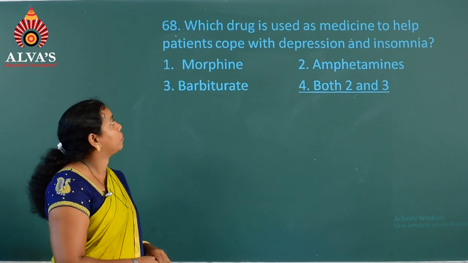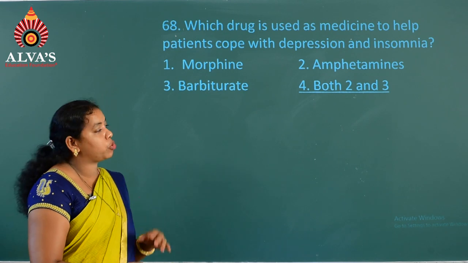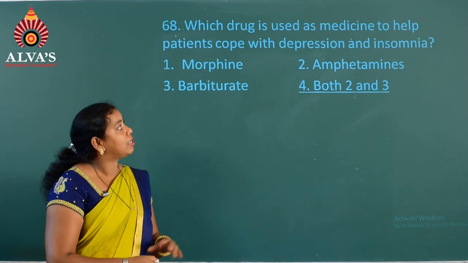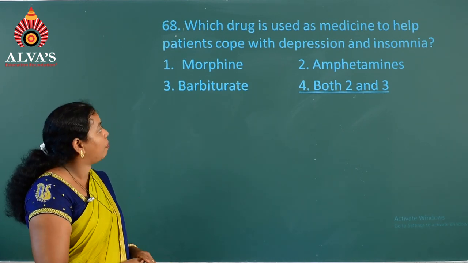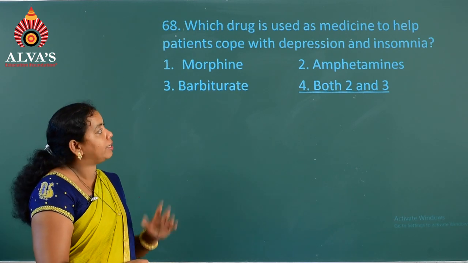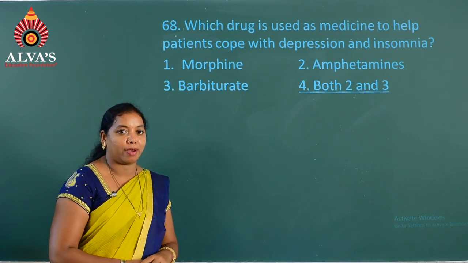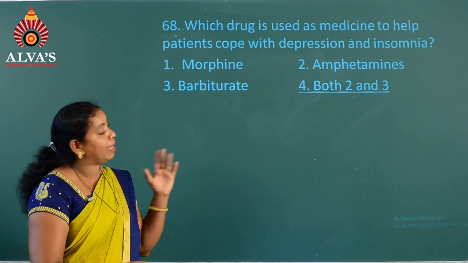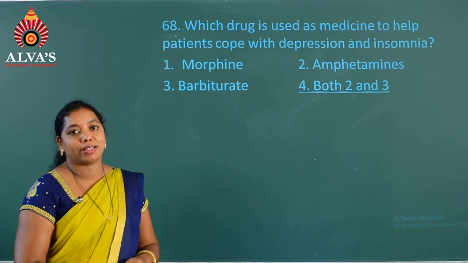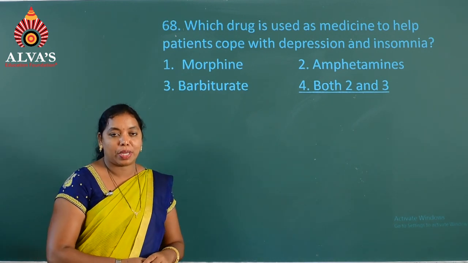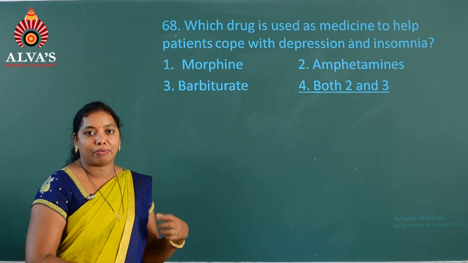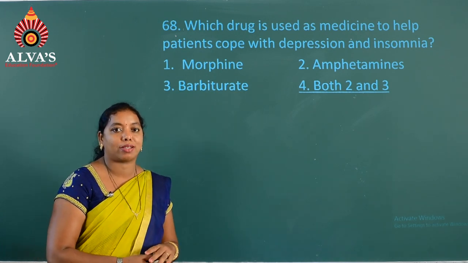Moving on to the next question, question number 68. Which drug is used as a medicine to help a patient cope with depression and insomnia? Insomnia means sleeplessness, whereas in depression, the functions of the body slow down.